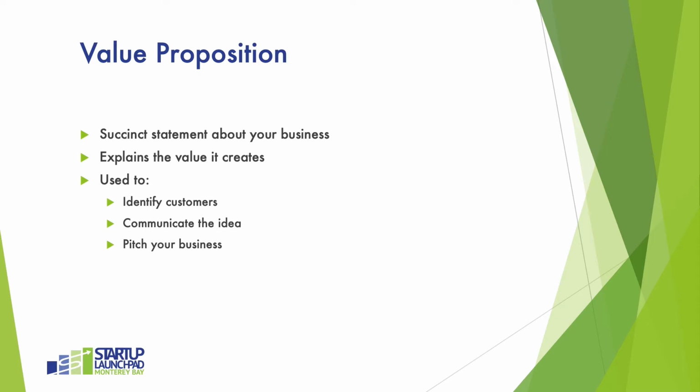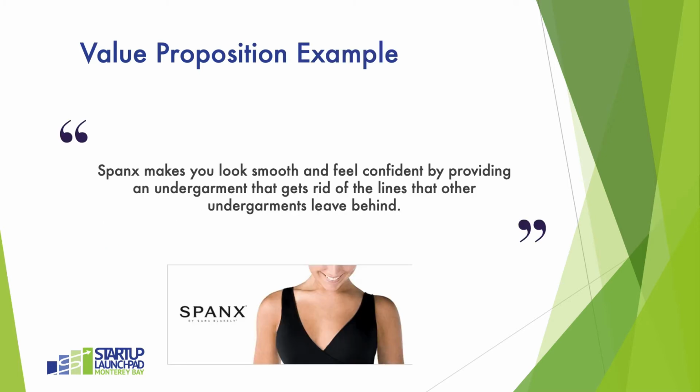Developing a value proposition takes you through the process of formulating your business idea, identifying customers, and creating value. When you've finished writing your value proposition, you can use it to communicate your business idea to potential customers, partners, employees, and investors. Here's an example of a value proposition for a product called Spanx.